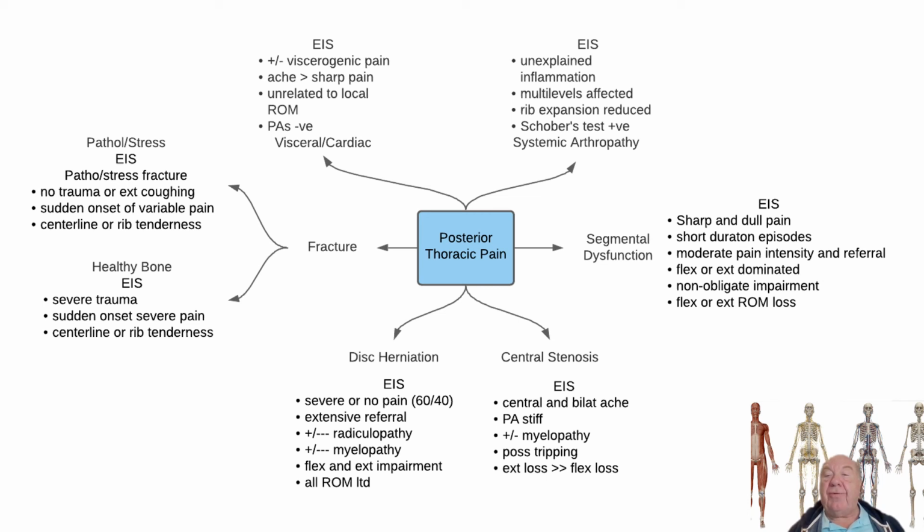Okay, systemic arthropathies. It's unexplained arthritis basically, and you really don't want to allow unexplained arthritis to go on. Multi-levels are going to be affected. Rib expansion is going to be reduced. The most common systemic arthropathy affecting this area is, of course, ankylosing spondylitis. Your PAs are going to show this when you do them. Schober's test should be positive. There isn't much on the sensitivity and specificity numbers on Schober's.